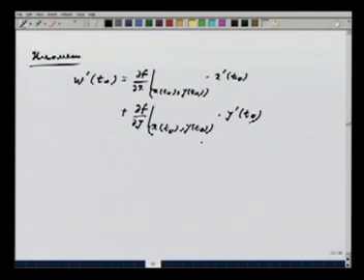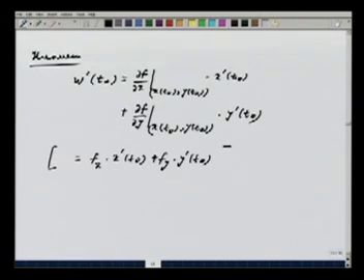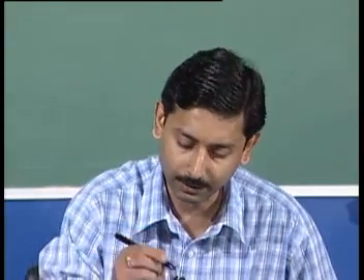A standard way of expressing this is fx times x prime t naught plus fy times y prime t naught. So this fx, fy here stand for the partial derivatives at x t naught, y t naught. Okay. So this is what we are going to prove now. Fine. So how do we start here?